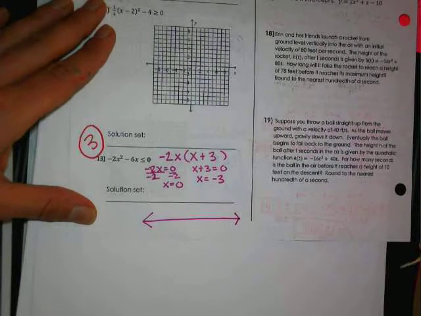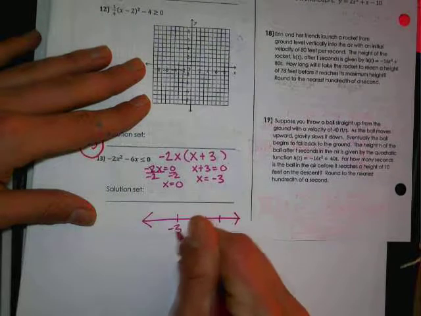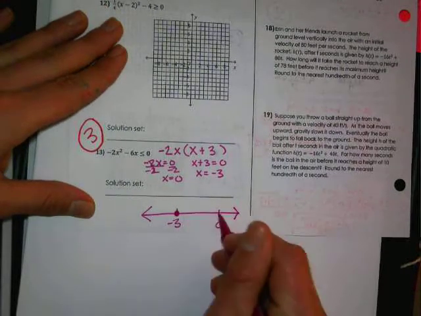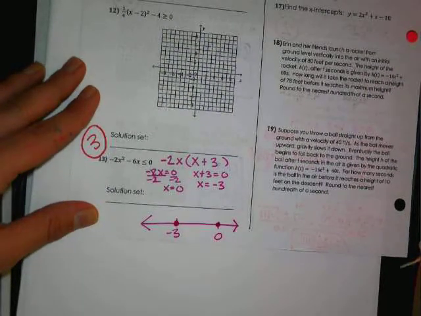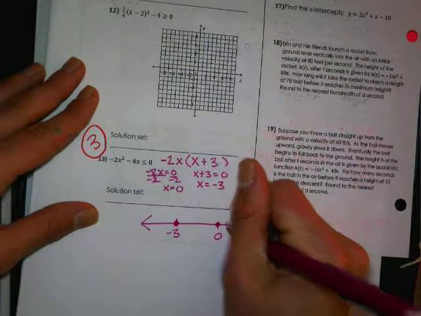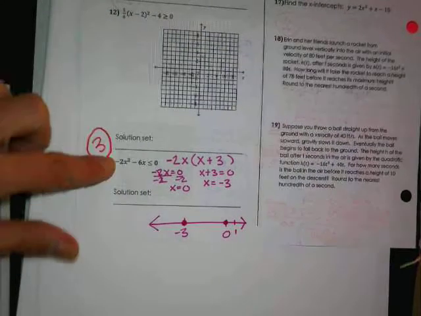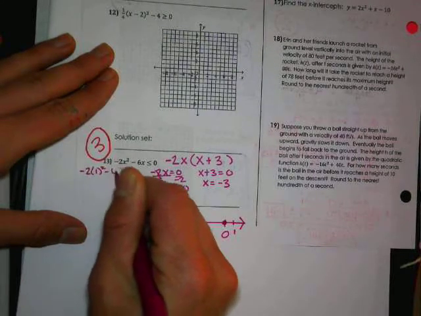Which is going to come first, -3 or 0? -3, good. And open circle or closed circle? Closed. All right, since 0 is one of my solutions, what number am I going to use as my test point? 1, which is right here. All right, so I'm going to plug 1 in here. -2, 1 squared, minus 6 times 1, less than or equal to 0.